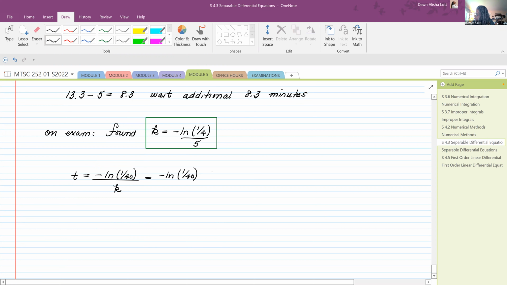So I'm going to get 5 over the negative natural log of 1/4. So my answer, T, on the exam would be 5 times the natural log of 1 over 40 divided by the natural log of 1/4.